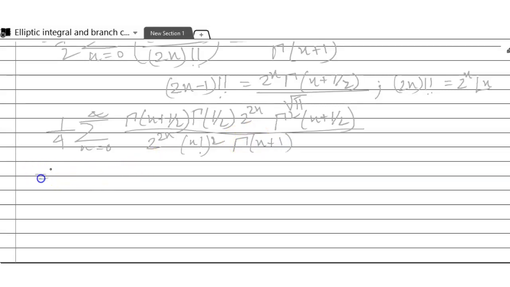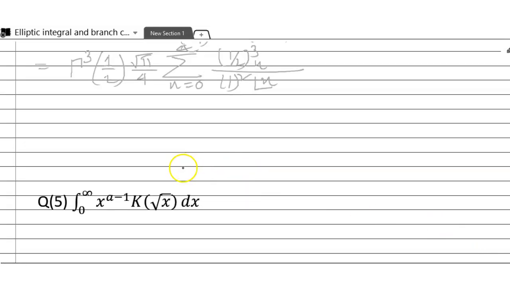And it can be represented this way: gamma cube 1 by 2 root over pi by 4 summation n equals 0 to infinity (1 by 2) whole cube n divided by 1 square n factorial. So friends, this is the Watson summation theorem.